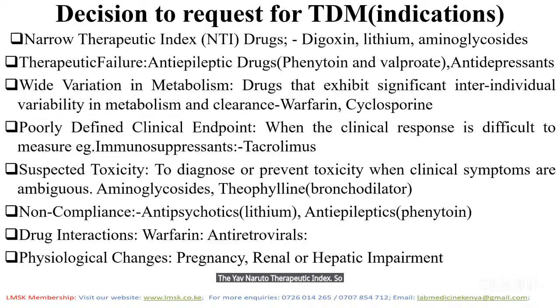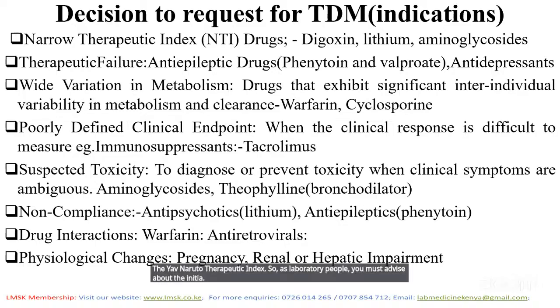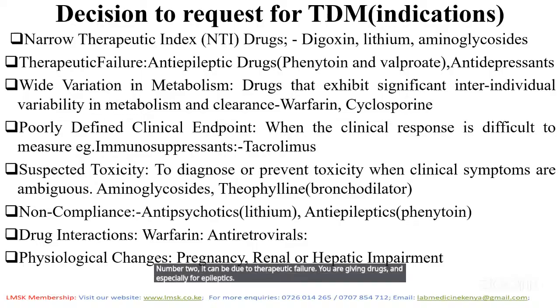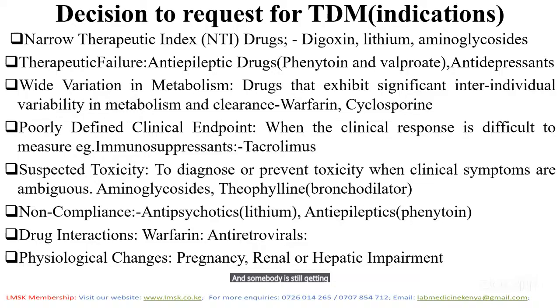So as laboratory people, you must advise our clinicians. Number two, it can be due to therapeutic failure. You are giving drugs, especially for epileptics, and somebody is still getting seizures. The drugs that we monitor mostly are phenytoin and sodium valproate. Other drugs like antidepressants can also be monitored.